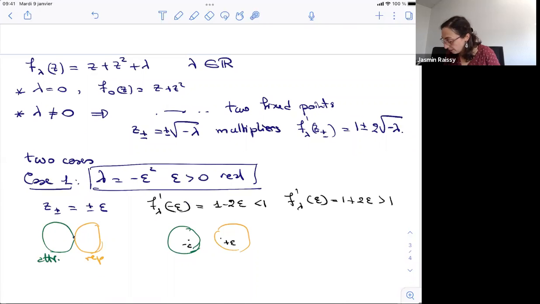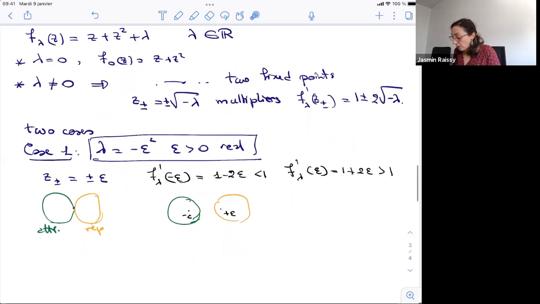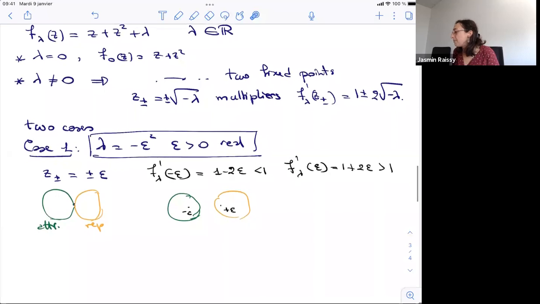Okay, so in here I have a repelling fixed point, and in here I have something which is attractive. All right, so this doesn't give me much information. So the dynamics is this. I don't have to take attracting for two coordinates or repelling for two coordinates to describe this. So let's see what happens in the second case.